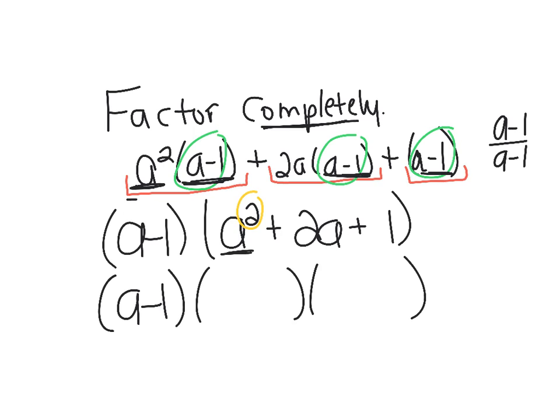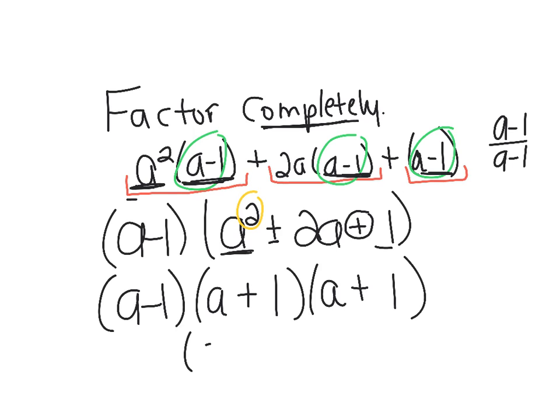And so a squared factors into a times a, and 1 factors into 1 times 1. And when the second sign is positive, that means both the signs are going to be the same inside these parentheses, and this plus tells us that they're both going to be a plus.